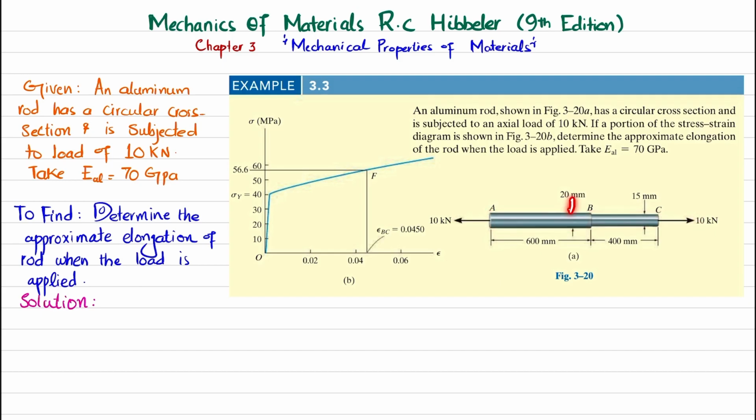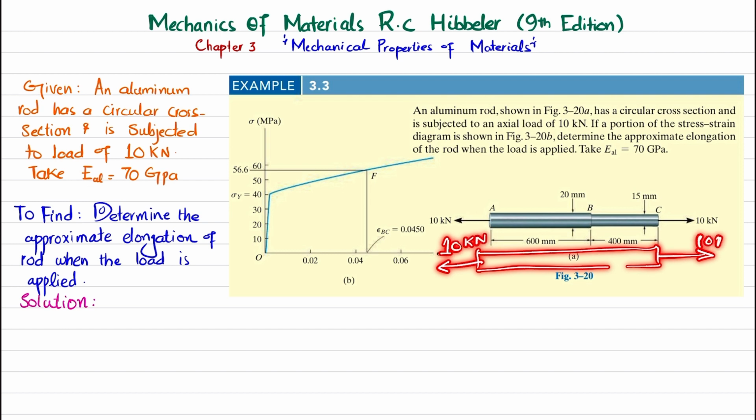The diameter of portion AB is 20 millimeter, while the diameter of portion BC is 15 millimeter. And this is the stress-strain diagram for this aluminum rod. So you have to determine the total elongation in this rod due to this 10 kilonewton load when it is applied on this aluminum rod.